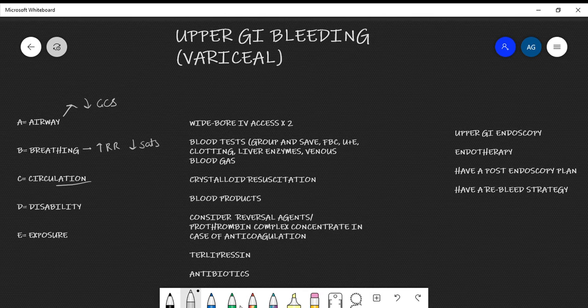Circulation is the most important part of the assessment in GI bleed, and this is what will quite often be impaired in patients with significant bleeds. Okay, so things to look for in circulation are the heart rate, blood pressure, and capillary refill time, the CRT.